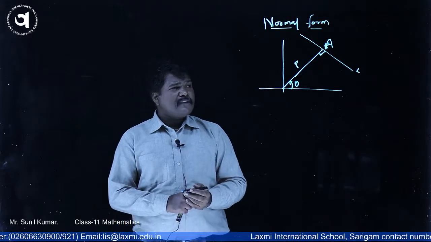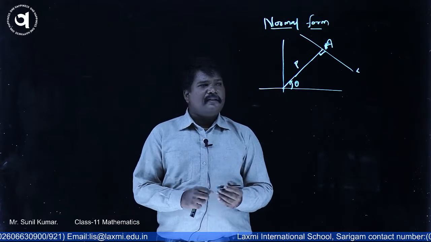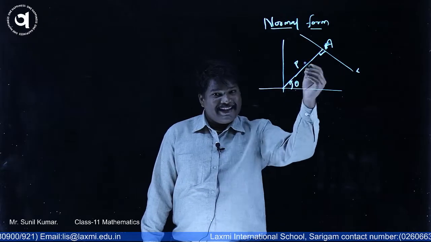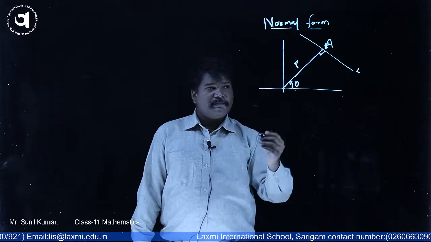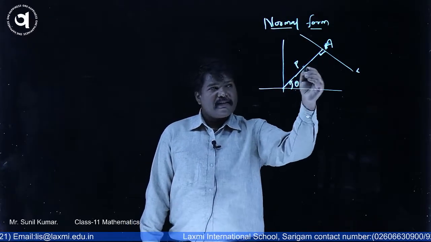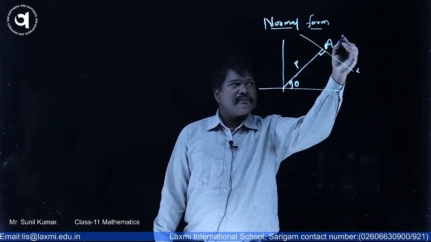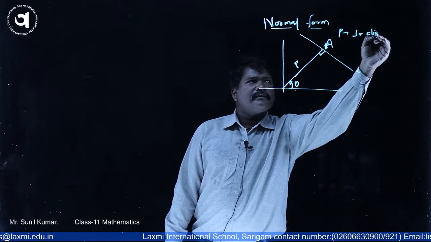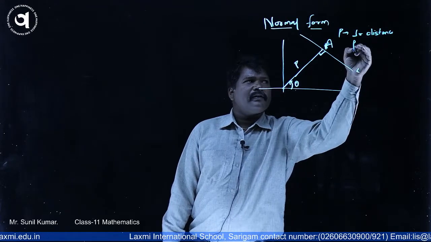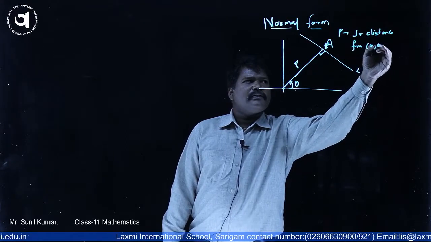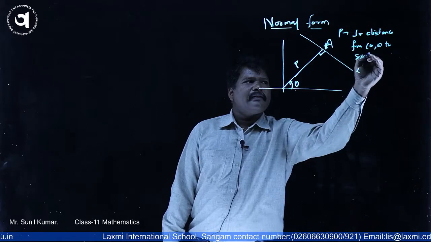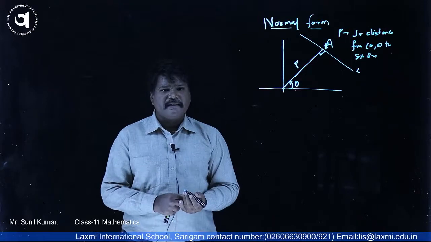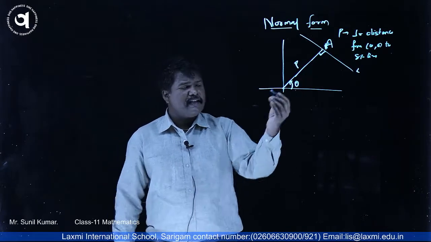When I have angle theta, it shows the direction, the slant, and we have a perpendicular distance. What is this p? This p is the perpendicular distance from the origin to the straight line.